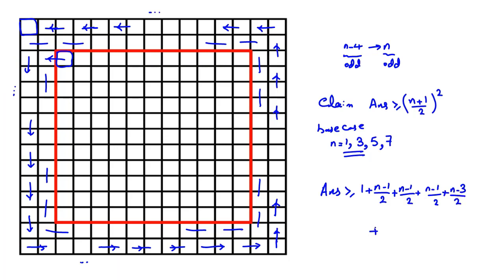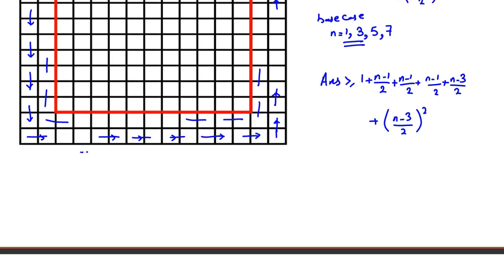Plus, now here I want to use the induction. So when I move this, I don't count it here because I count it in the first position of the red box. So for n minus 4, if I replace n minus 4 here, it will be ((n minus 3) over 2) whole squared. Let's calculate it.